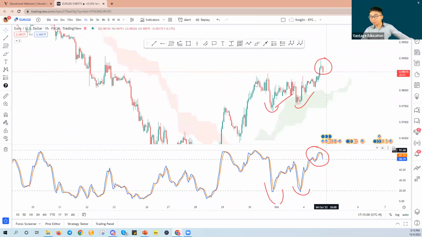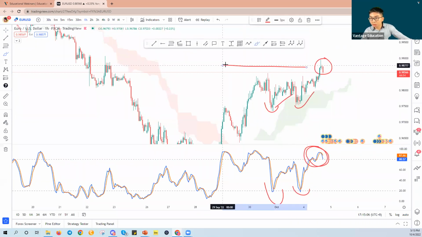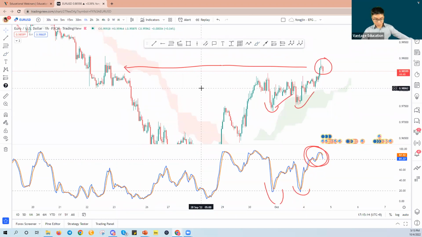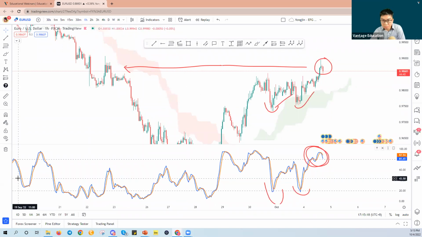When you see, for example, that price is overbought, always remember to look to the left side of the chart. You must have a reason why price went to the area and then started to have an oversold signal on the stochastic. We always must have some kind of reasoning.